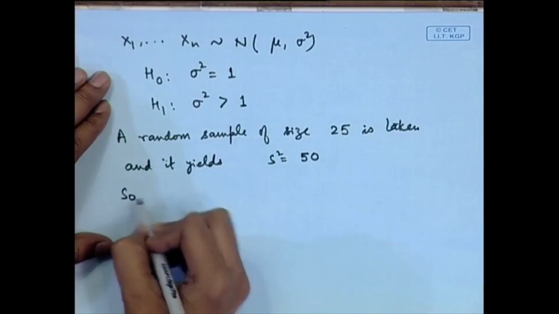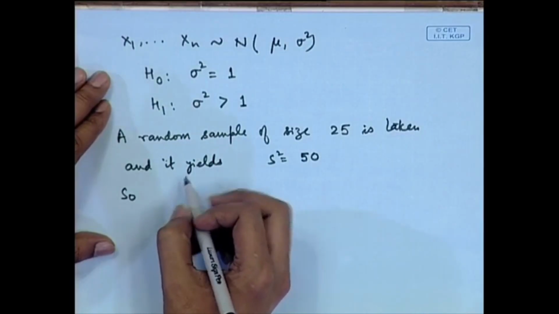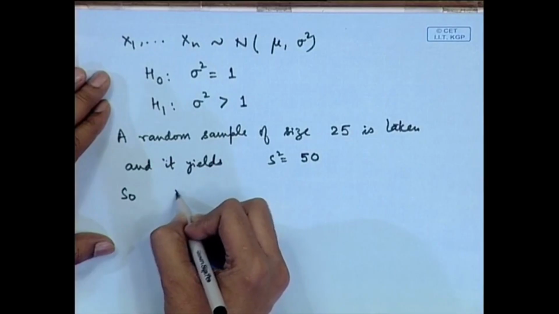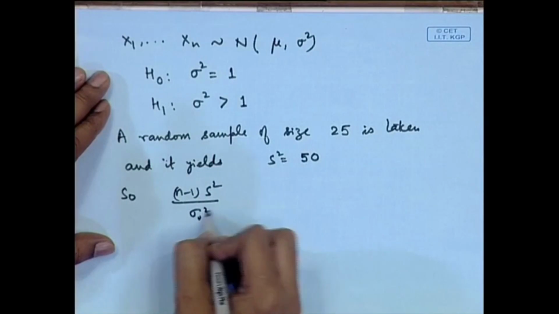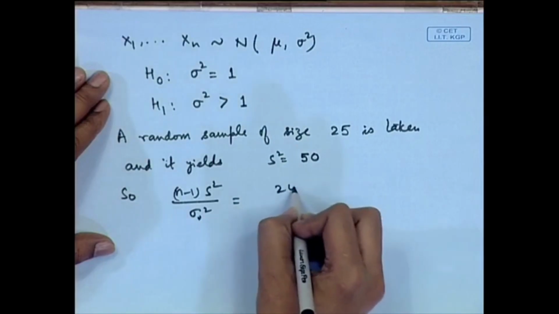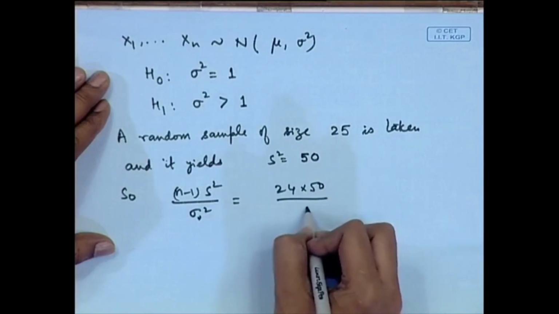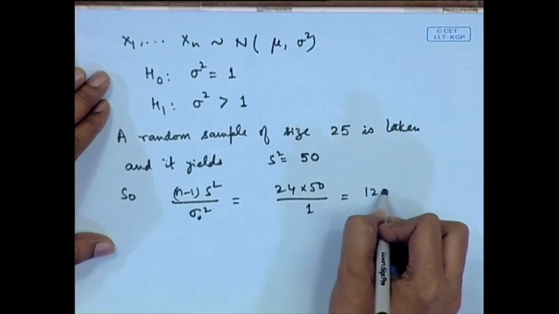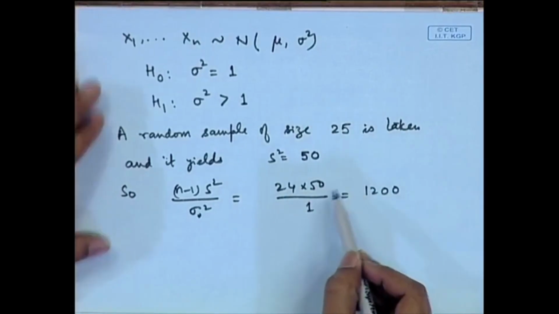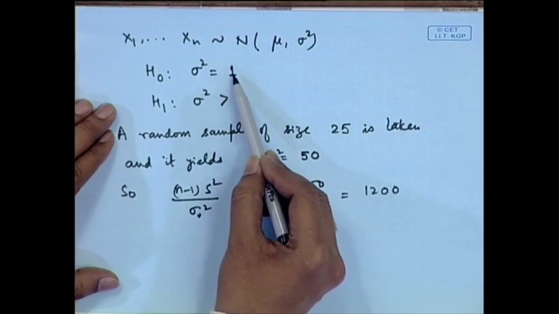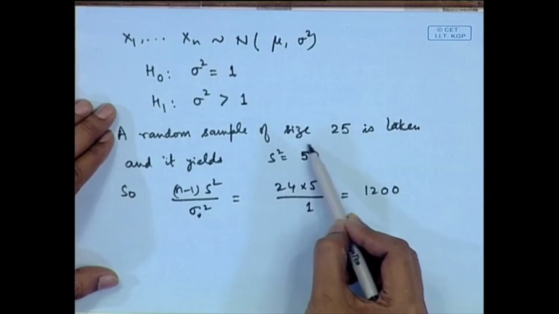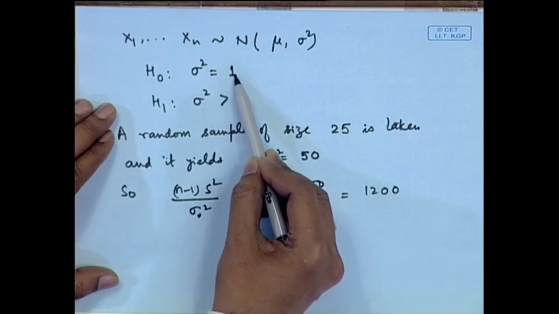Then n minus 1 S square by sigma naught square is 24 into 50 divided by 1, that is equal to 1200. You can easily see that this value is extremely large, because S square is used as an estimate of sigma square, and this value 50 is much bigger than 1.